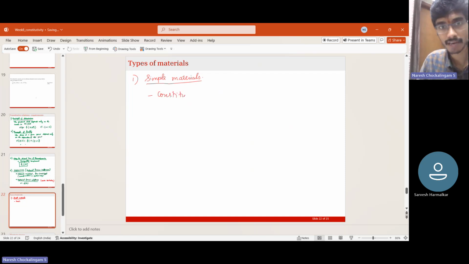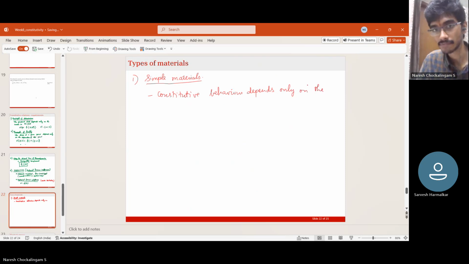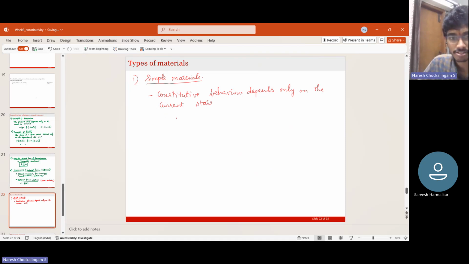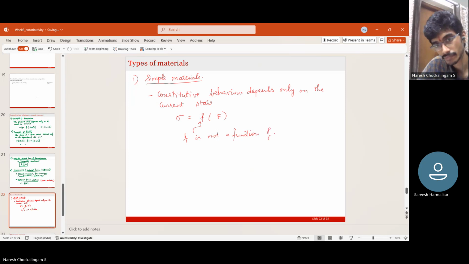The constitutive behavior depends only on the current state. So if you have a function sigma is equal to f of, say, F, this f itself is not a function of time. But actually this can depend on F.